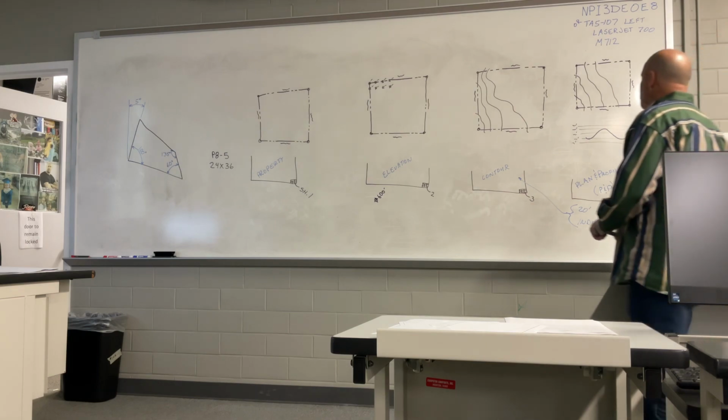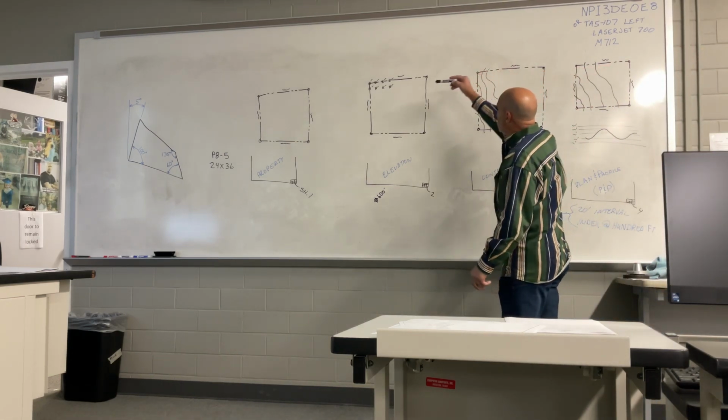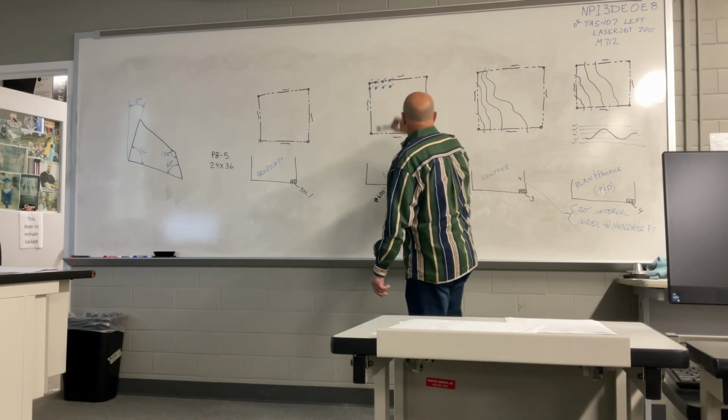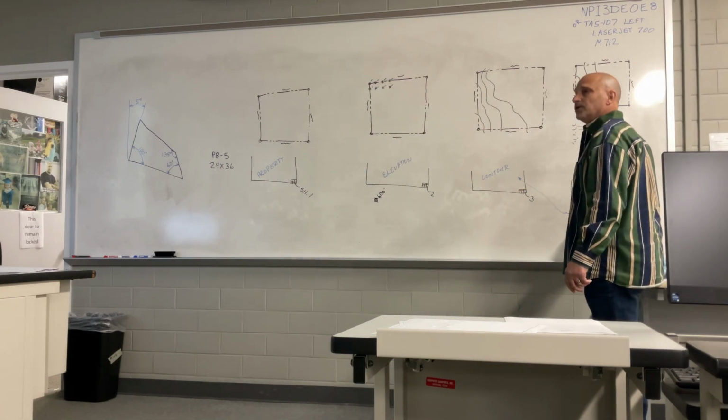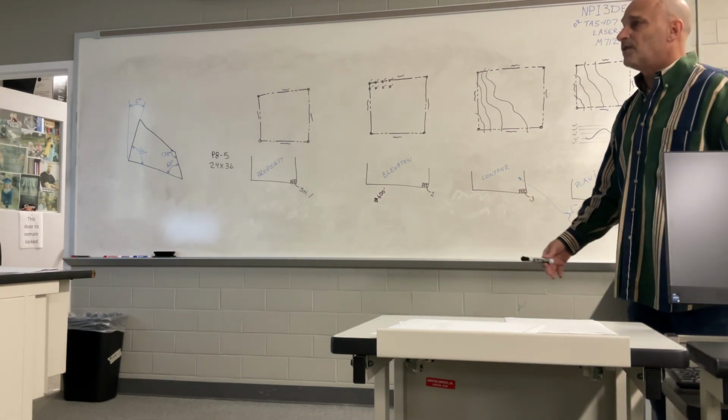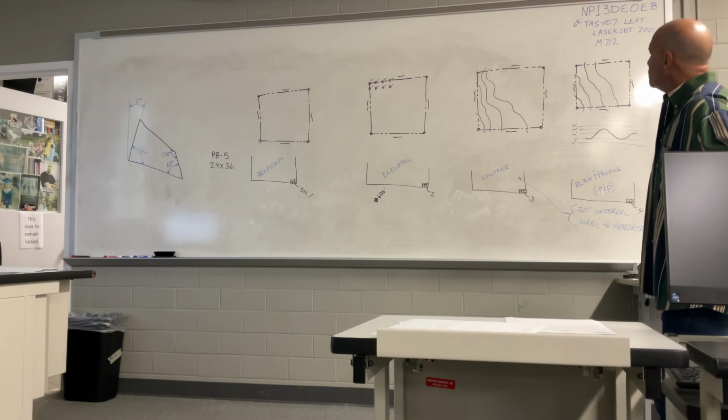So every time we go through our elevation drawing, we're going to put our little tick marks every time we come to a 20-foot interval. 500, 520, 540, 560, 580, 600. Any of those 20-foot intervals.